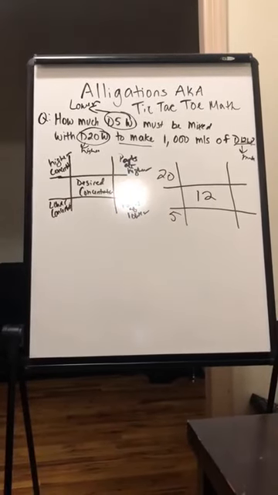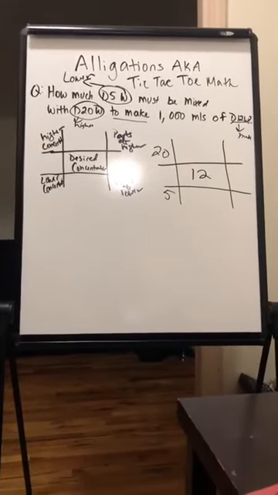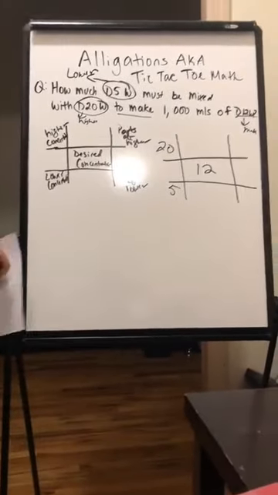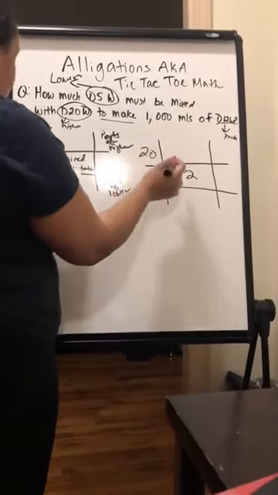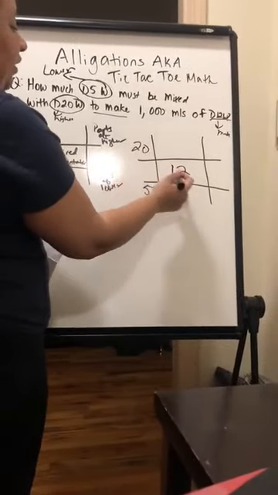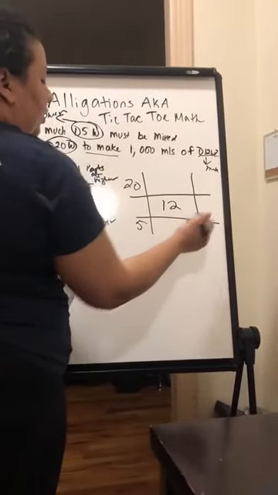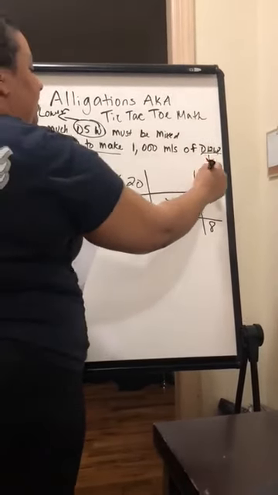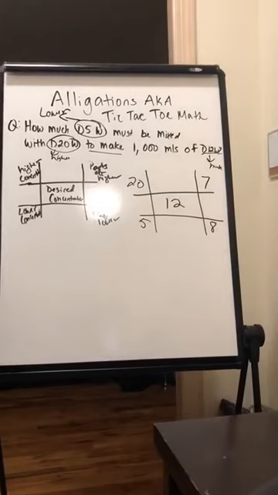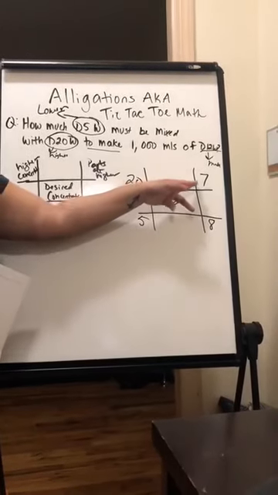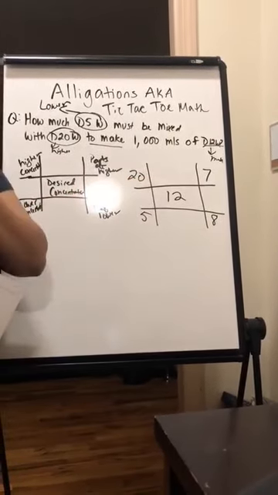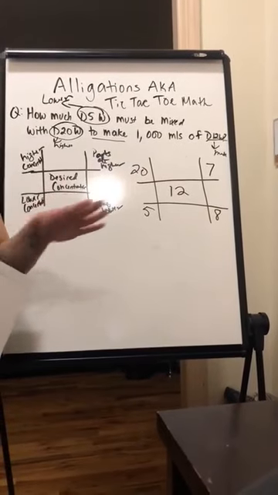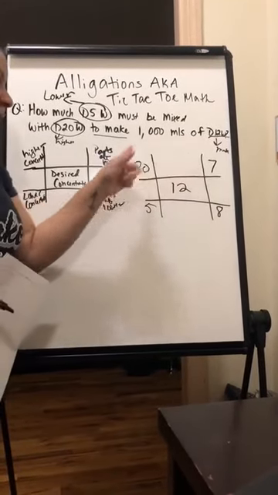The next step is to subtract diagonally. So you're going to do 20 from 12, which is 8. 5 from 12 is 7. I understand that 5 minus 12 is negative 7, but in Alligations, there's no such thing as negative numbers. You're just subtracting diagonally.